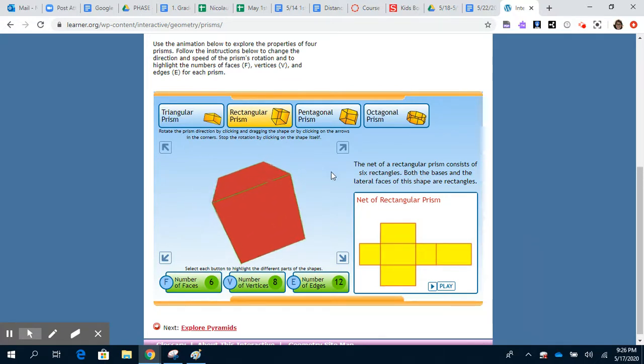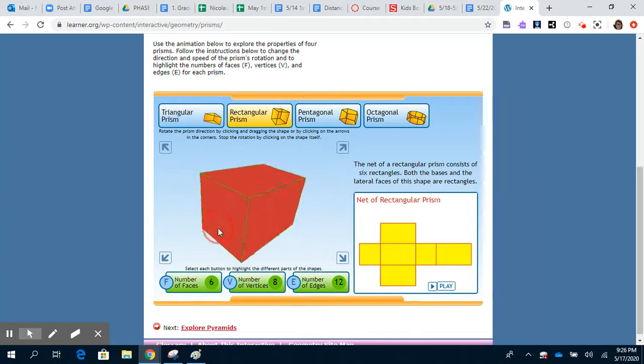Things you could put for false are the wrong numbers for these. You could say a rectangular prism does not have 3 edges, does not have 4 vertices. So you would want to put things that are not true in the false category.